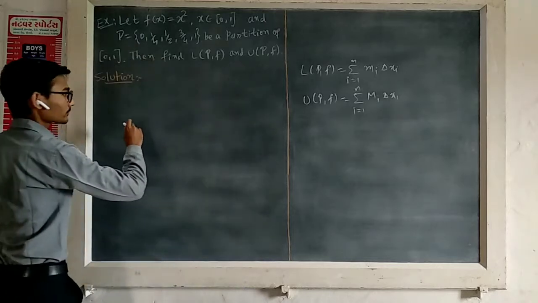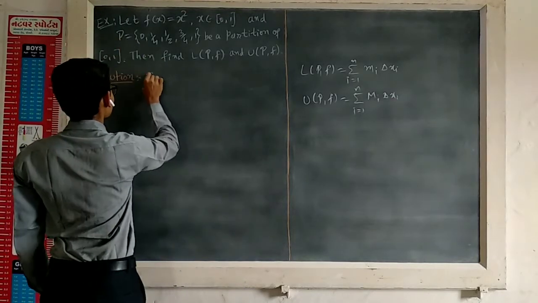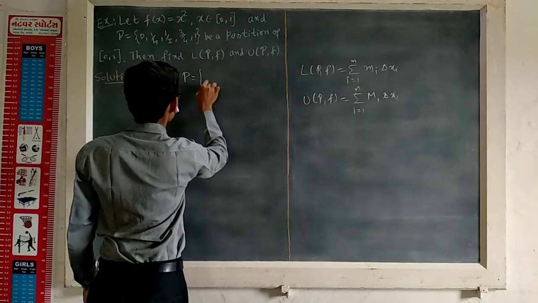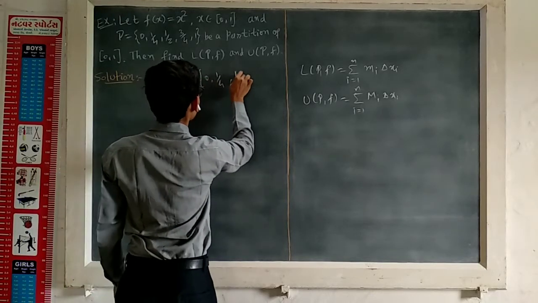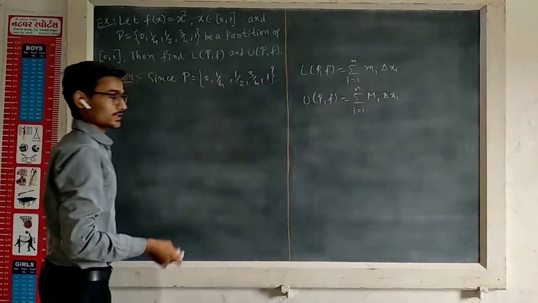First of all, we are given the partition script P equal to 0, 1 by 4, 1 by 2, 3 by 4 and 1.